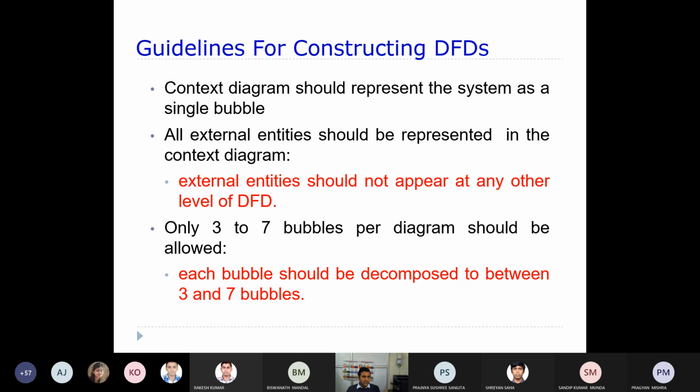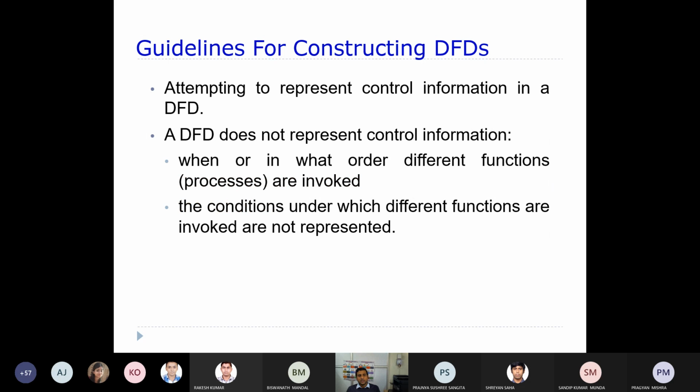Also, each bubble should be divided into 3 to 7 bubbles. That is what the guidelines say. The other guideline is to avoid attempting to represent control information in a DFD.